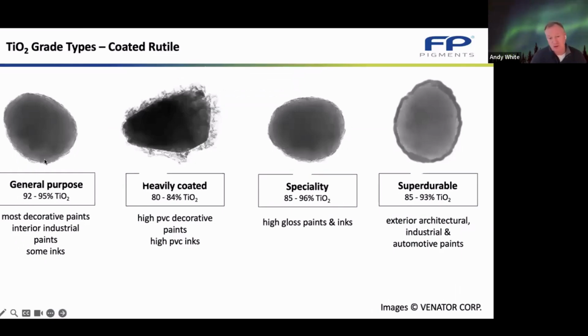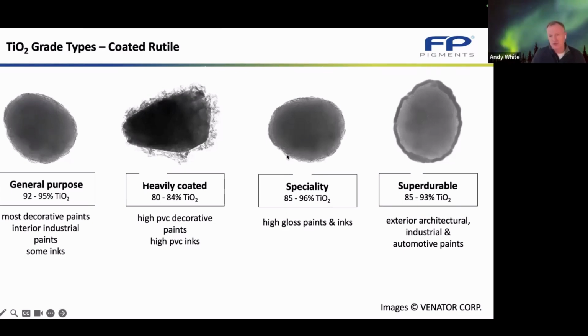Here's a little picture of what to expect or what they look like. A general purpose titanium dioxide that you'd have just alumina, maybe a little bit of alumina and some dense silica, would look a little bit like that. You can just see the surface treatment on the outside of the particle. Your heavily coated TiO2, like your R931 from Chemours, has this fluffy silica and alumina on the outside.